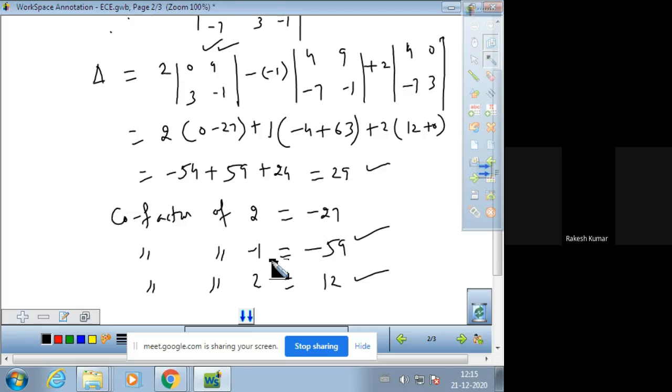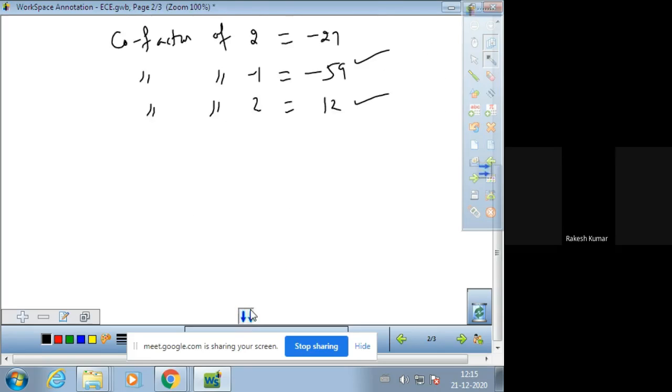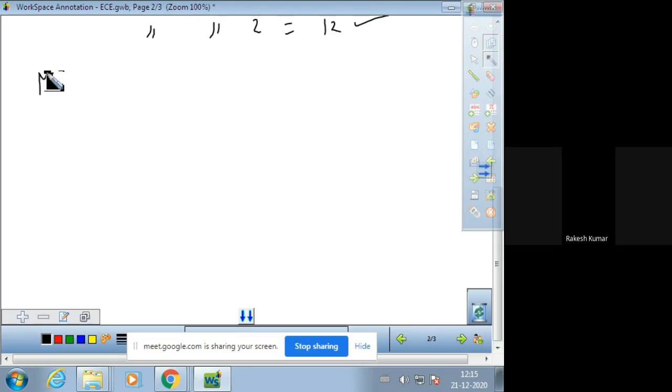Now, one more important thing: we have a term, minor. This is important. The minor of an element of a determinant is the determinant obtained by omitting from delta the row and column containing that element. What does it mean?